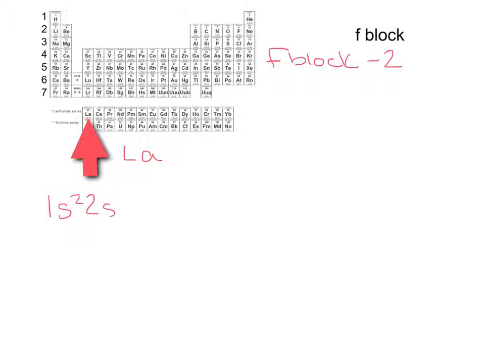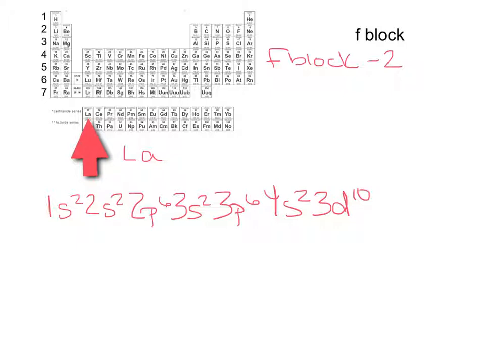1s2, 2s2, 2p6, 3s2, 3p6, 4s2, 3d10, 4p6, 5s2, 4d10, and then 5p6.